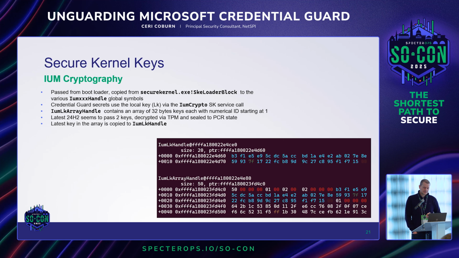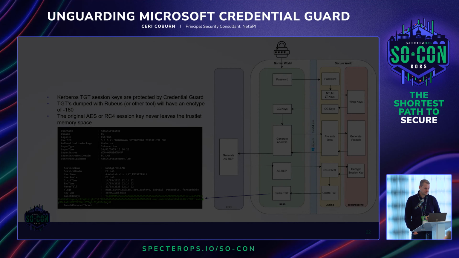From reading Alex's 2016 talk on a lot of the internals of secure kernel, my understanding is over time they do rotate as the operating system is up and running. And then any new secrets that are protected are then protected with a rotated key. But there seems to be two at least that get passed from secure bootloader.